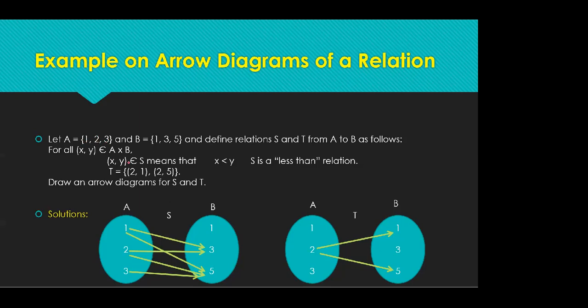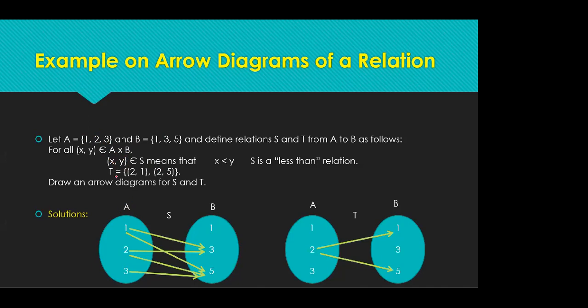Because this is the domain. If we would write the ordered pairs of this Cartesian product, it would be (1, 1), (1, 3), right? Yes, sir. So our X would be set A, or our domain is set A.